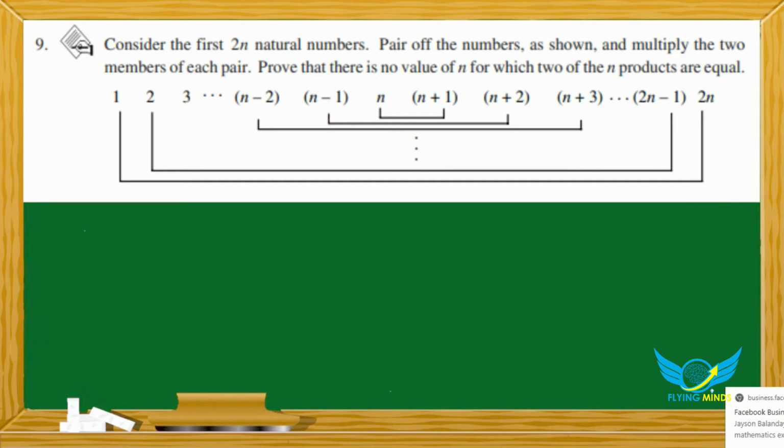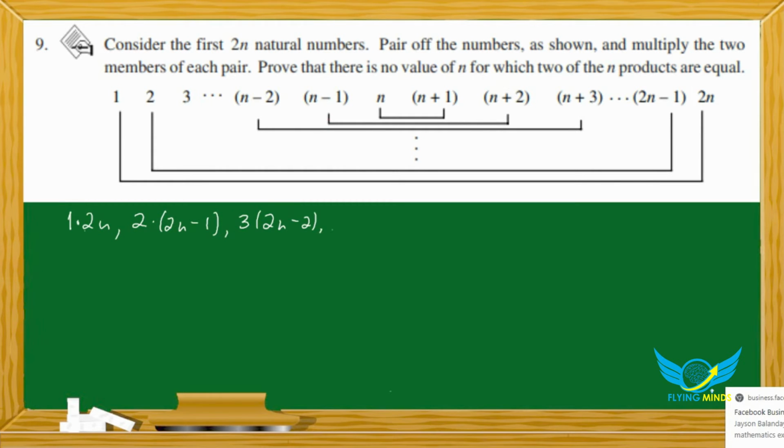So let's write those products. It will be n times 2n, then 2 times 2n minus 1, then 3 times 2n minus 2.